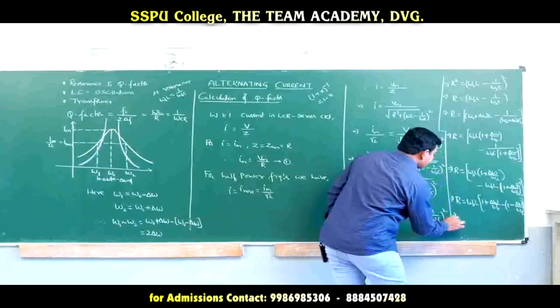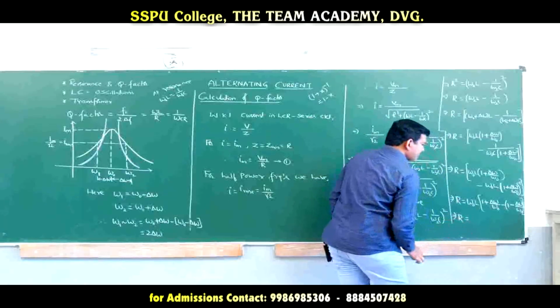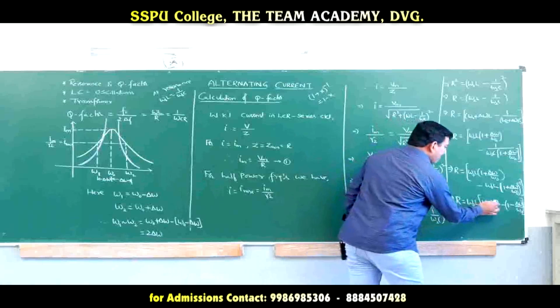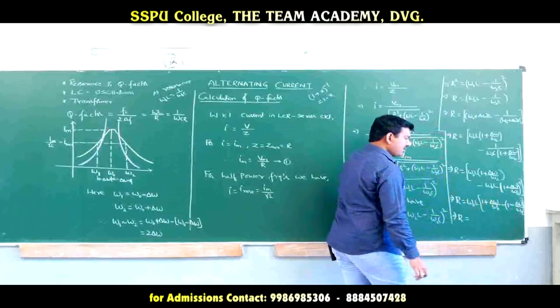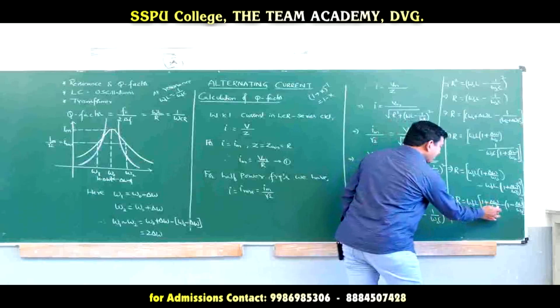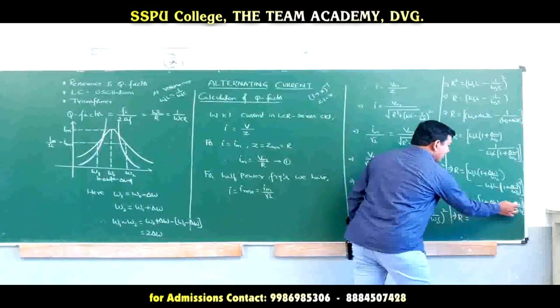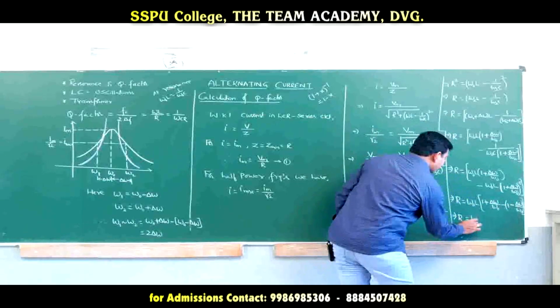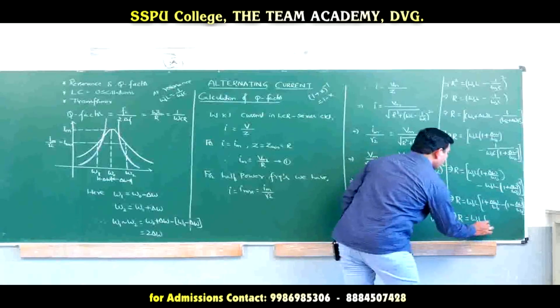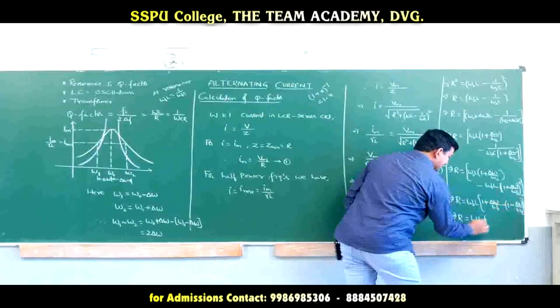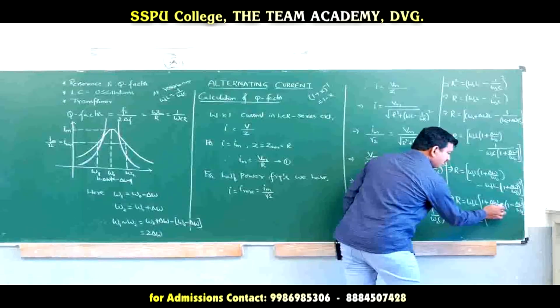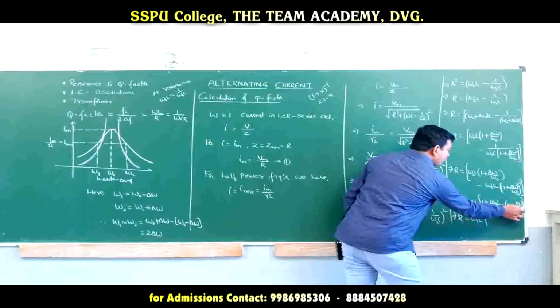If you see this equation, what remains? R is equal to, so here 1 minus 1, they will cancel each other. Then what is there? Delta omega by omega naught minus of minus, plus delta omega by omega naught. Therefore, this is omega naught L into 1 minus 1 cancel. So, delta omega by omega naught minus of minus, plus delta omega by omega naught.